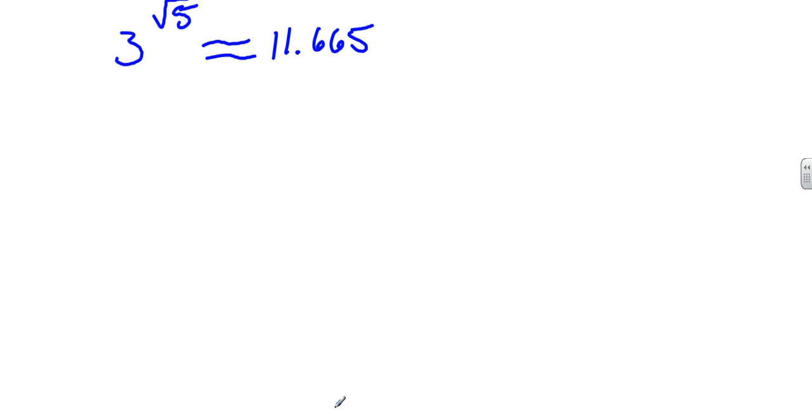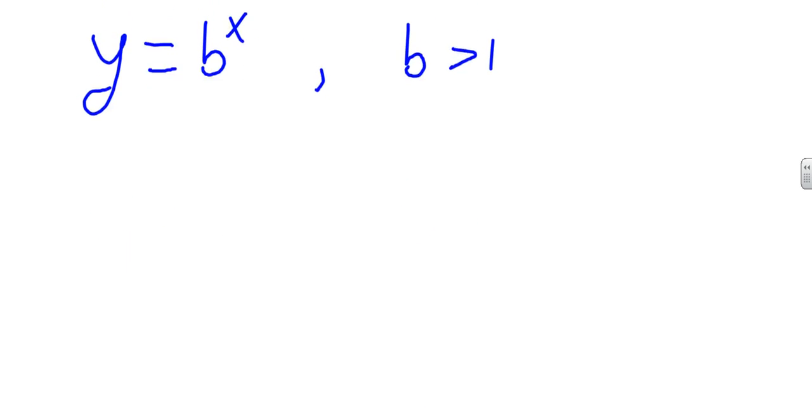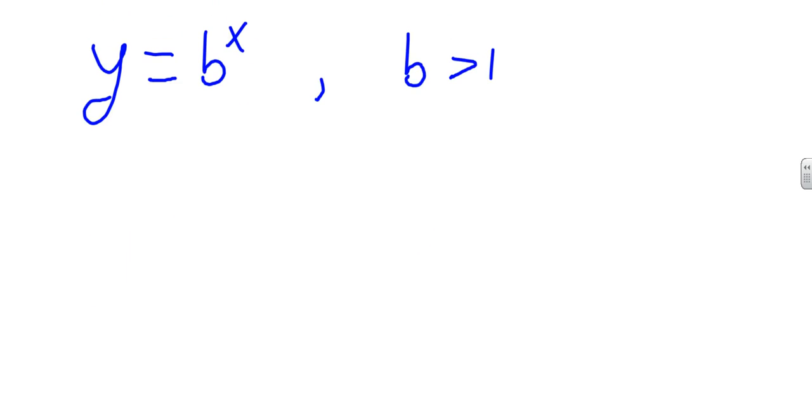So the very first thing they're going to have you do is get ready to graph some of these. Basically right now we're looking at two main types of graphs. The very first one we'll look at is y equals b to the x, where your base is greater than 1.